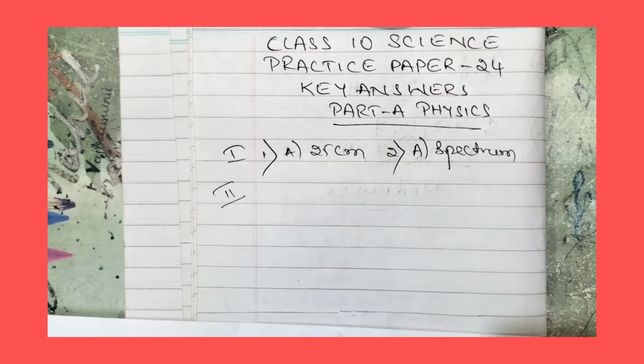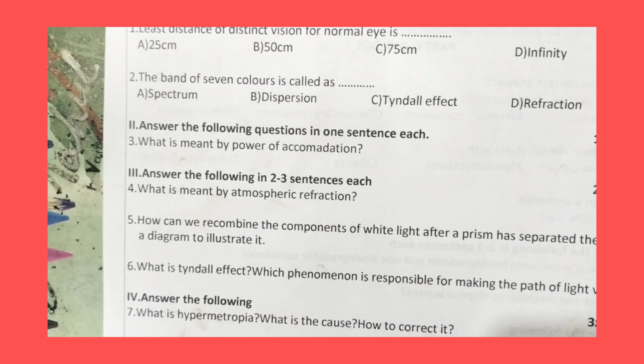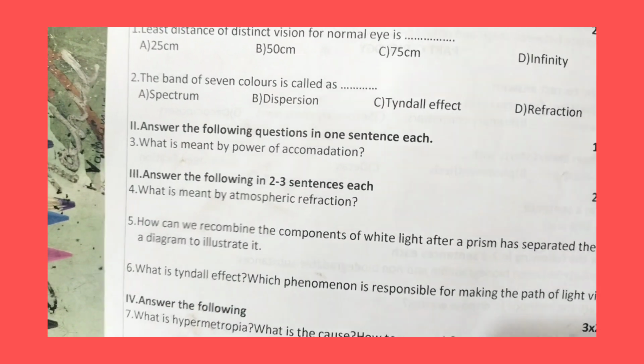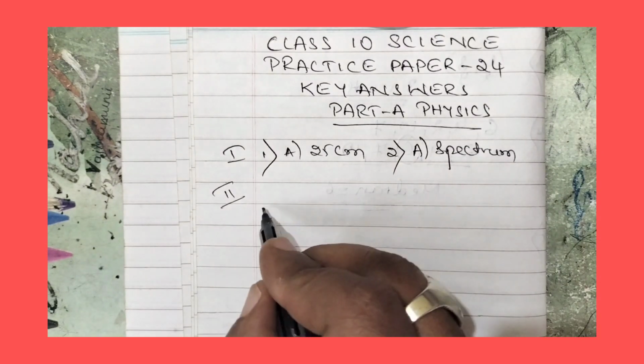Now let us move on to the second mark questions. Third question: what is meant by power of accommodation?